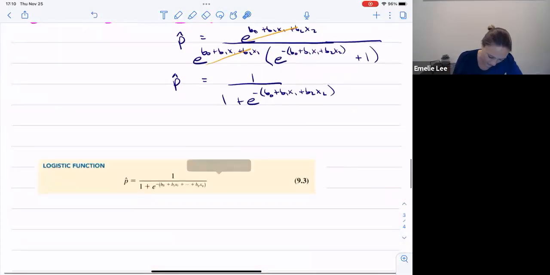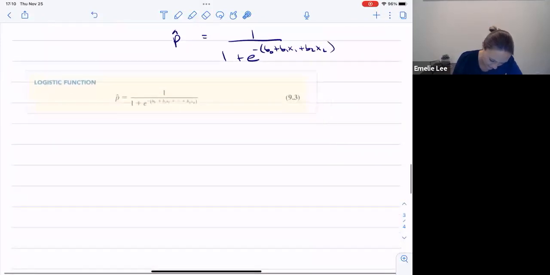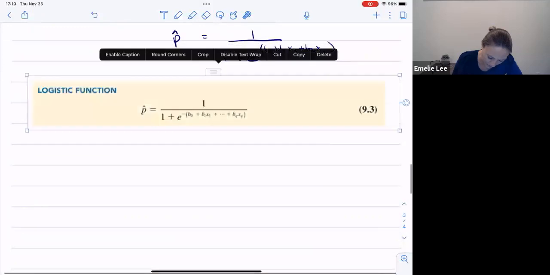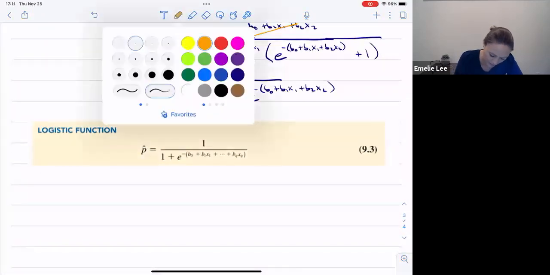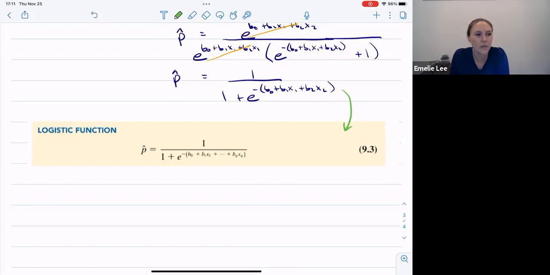So that's how we get those p hats, the predicted probabilities. So that's where that equation comes from.